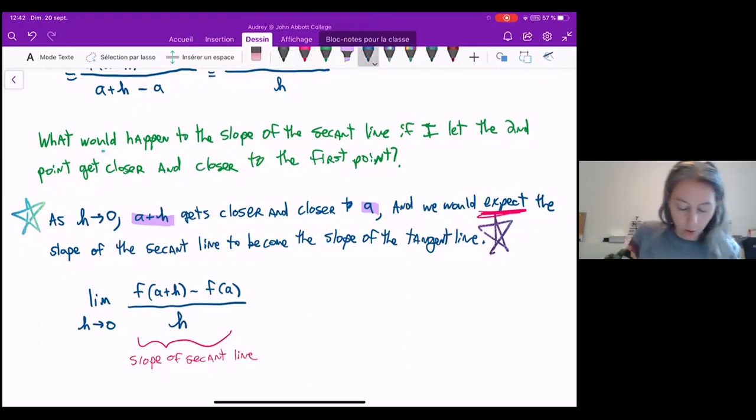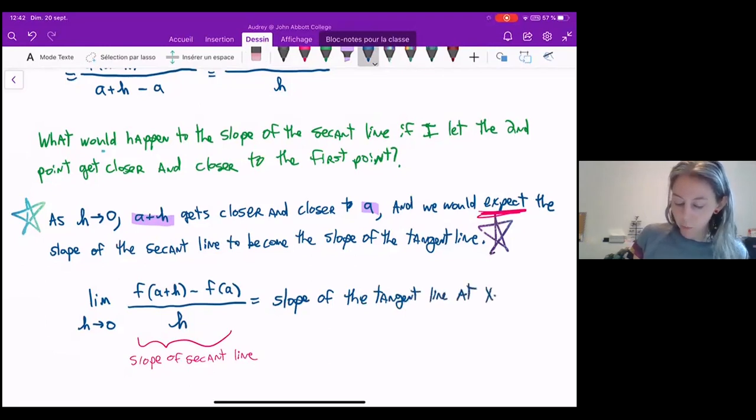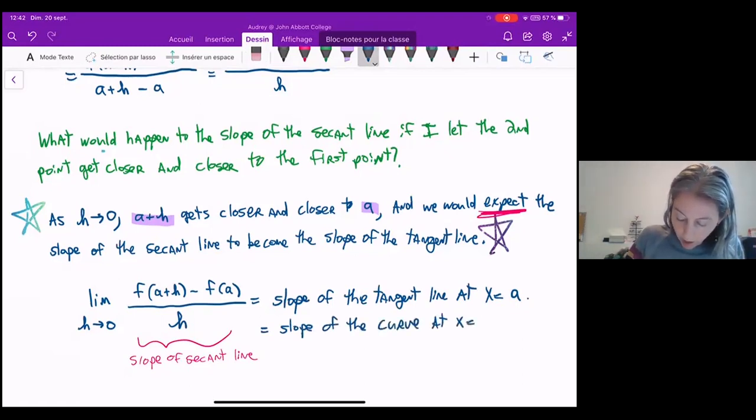Should be equal to the slope of the tangent line at x equals a. But we have said that the slope of the curve is defined to be the slope of that tangent line. So the slope of the tangent line is also the slope of the curve at x equals a.